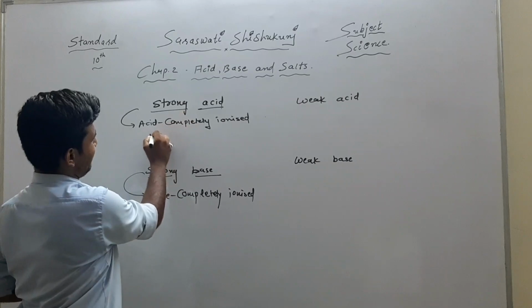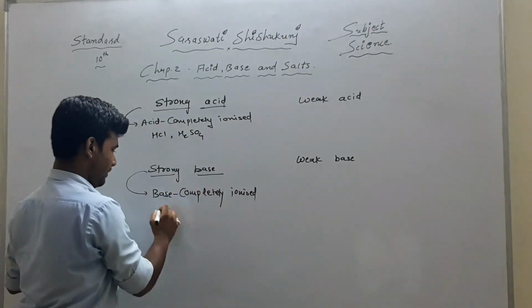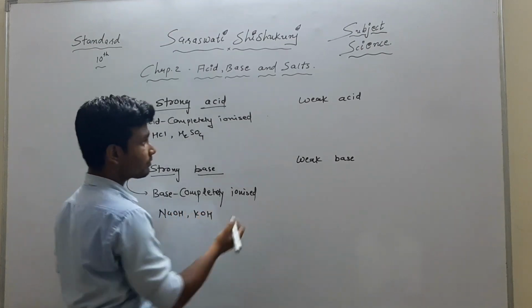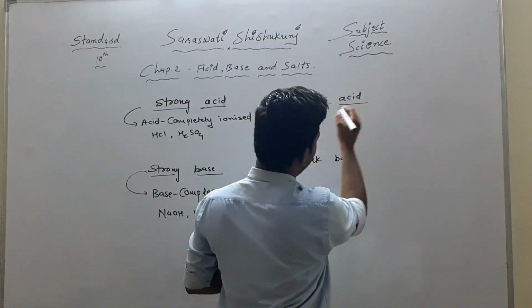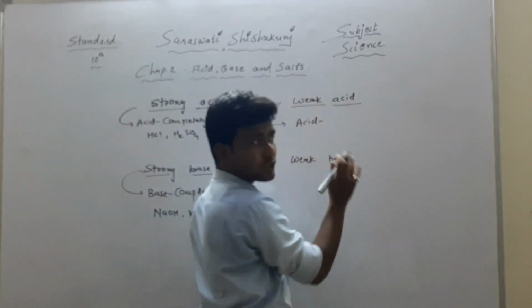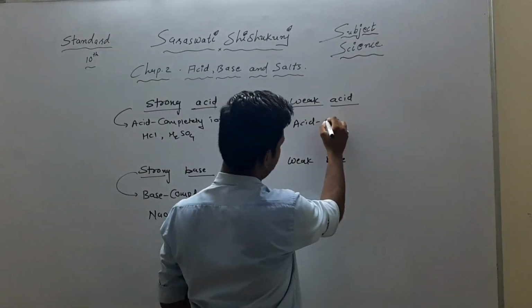Here we can take the examples HCl and H2SO4. As strong bases we can take NaOH and KOH. Now what do we mean by weak acid? A weak acid means the acid which is not completely ionized, means which is partially ionized.